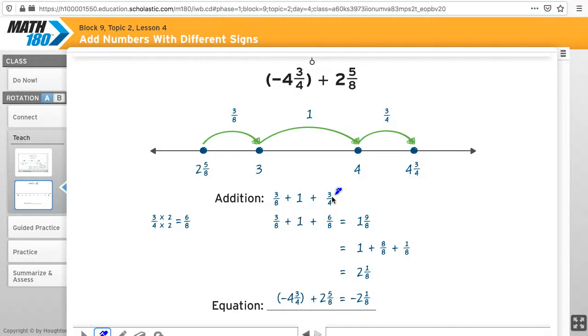And then we added 6/8 plus 3/8. They left the 1 there. I kind of ignored the 1 till the end. So we got 1 and 9/8. We had to break those apart and then it became 2 and 1/8. And then again, our final answer we knew was going to be negative.